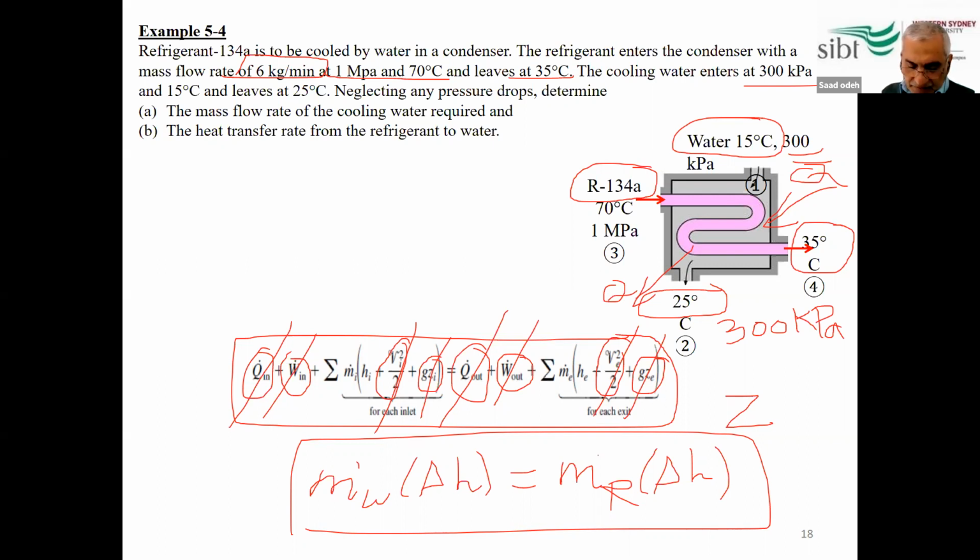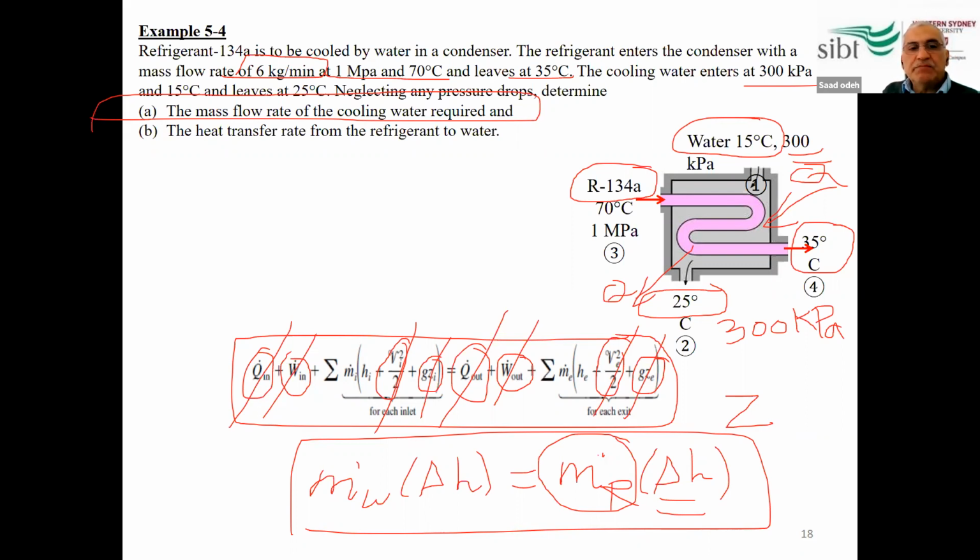All right. So as you can see now, the first requirement in this question is to find out the mass flow rate of the water. I know the mass flow rate of the refrigerant. It's already given in the question. And for delta H of the refrigerant, I can find the H in and out based on the pressure I have.